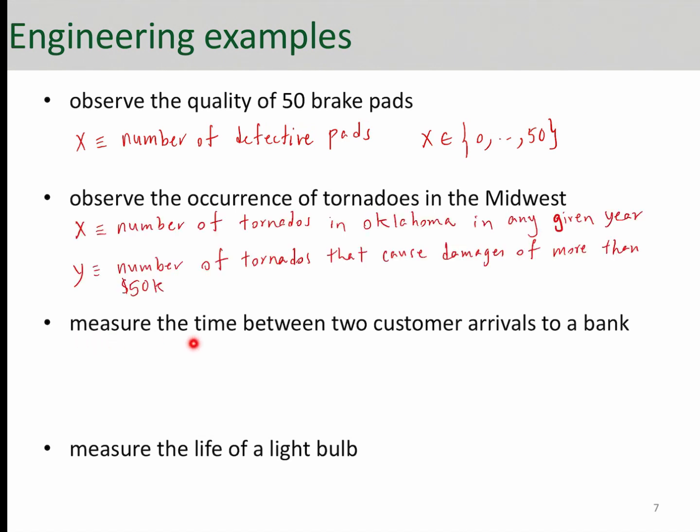Or when you're measuring the time between two customer arrivals to a bank, that time between arrivals is totally random, and it changes between any two consecutive arrivals.